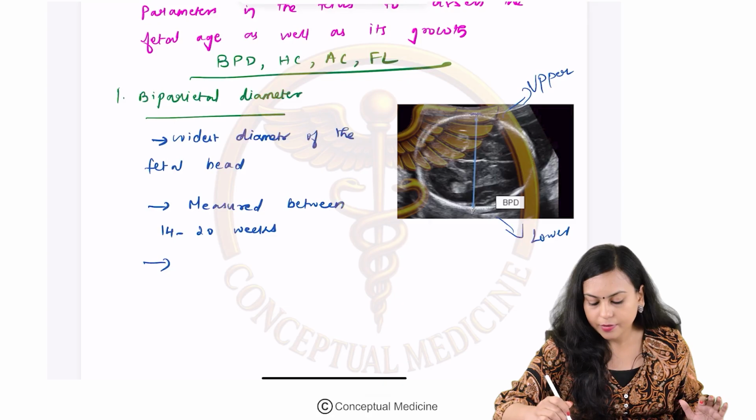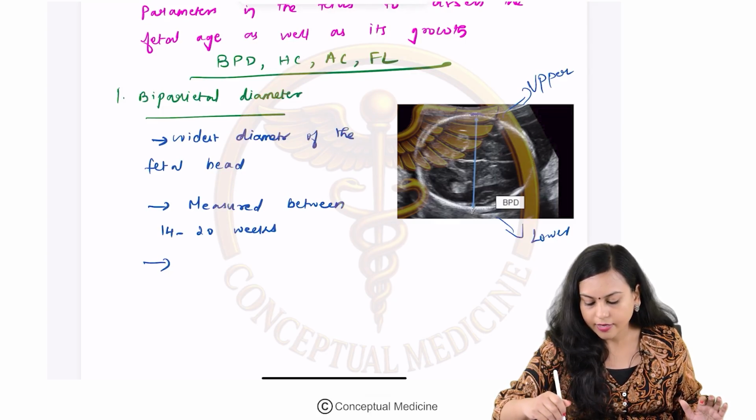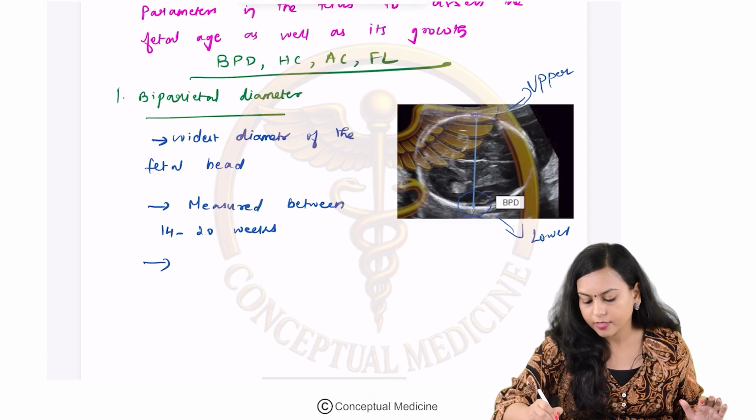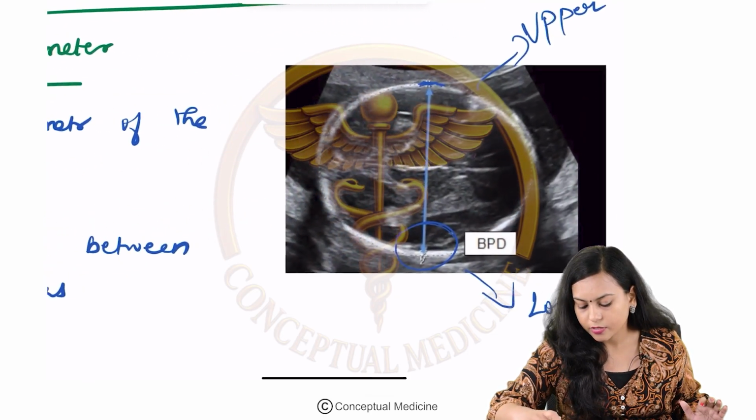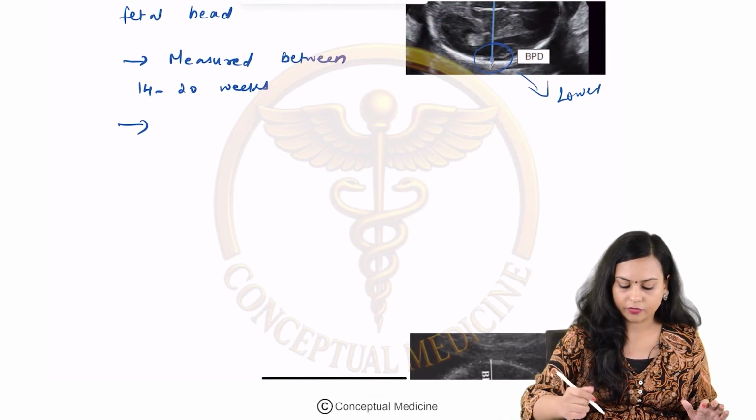The upper caliper will be touching the outer border of the upper end of the fetal skull, and the lower caliper will be touching the inner border. See here only the inner border is touching, the inner border of the lower end of the skull.